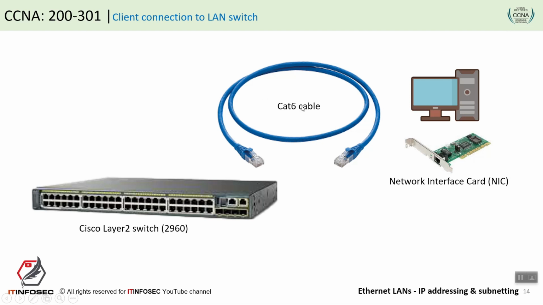The first head of the Cat6 cable is put in one of the switch ports, and the second head is put in the network interface card, and therefore we easily make the network of computers, all connected like this to this switch.